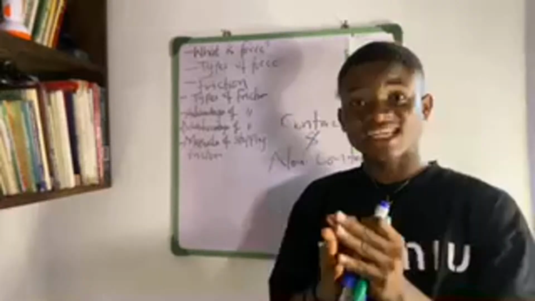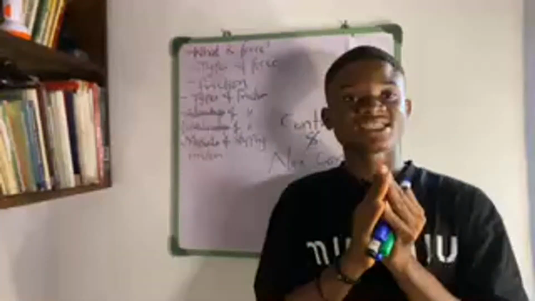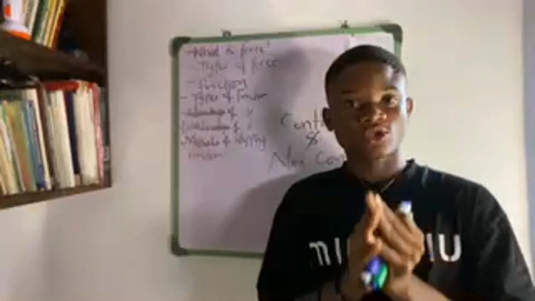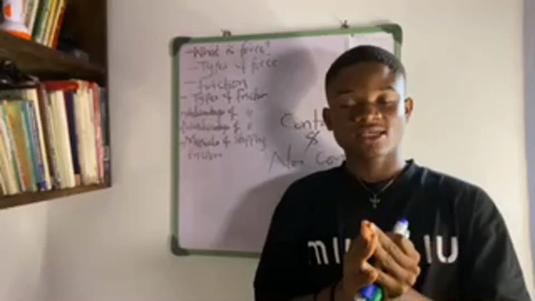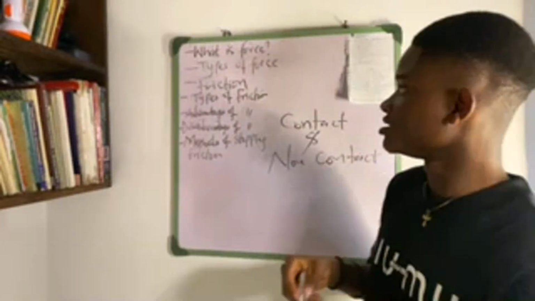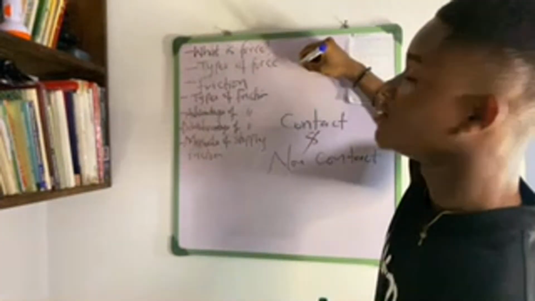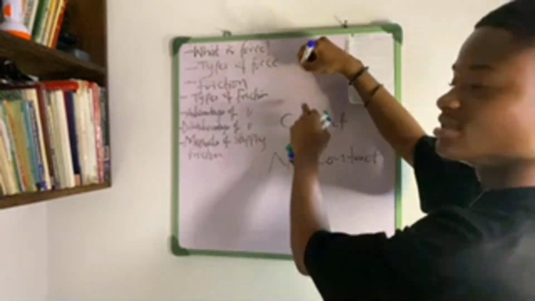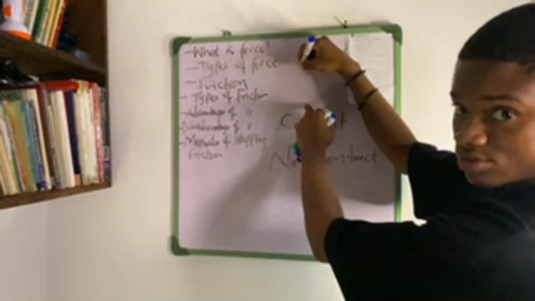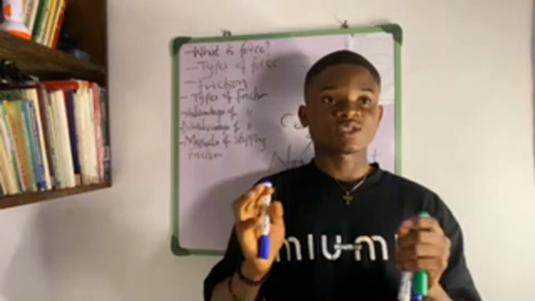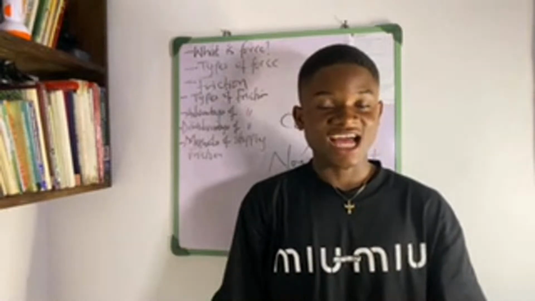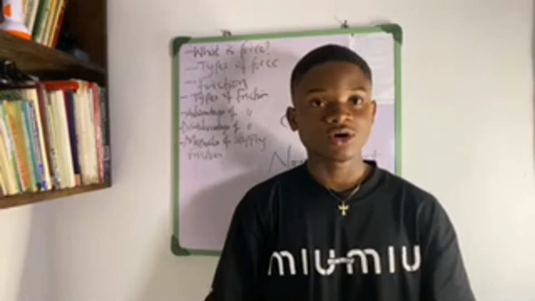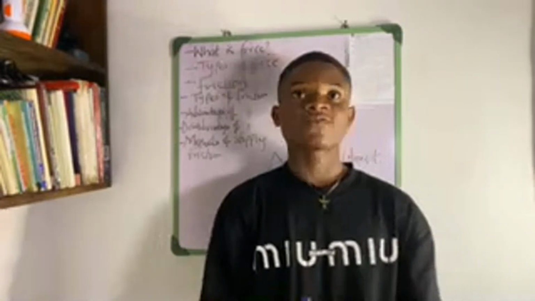Contact force is a type of force that exists between two bodies in contact, two bodies that are touching each other. So there's a force between my marker and the board when I'm writing. When you are walking, there's a force between your leg and the ground.